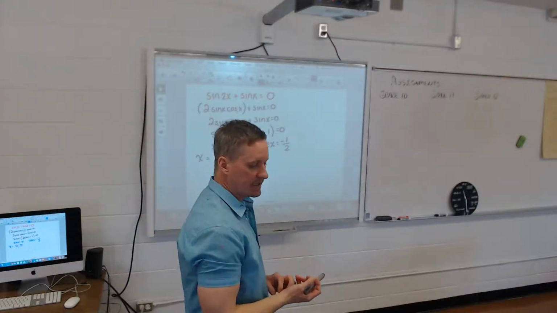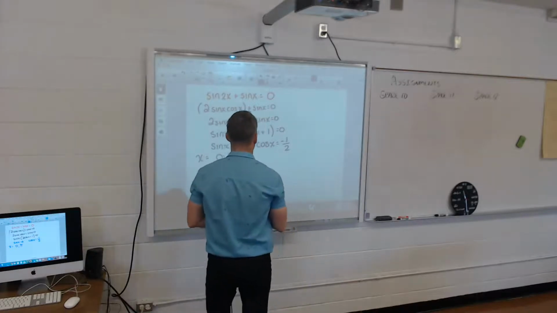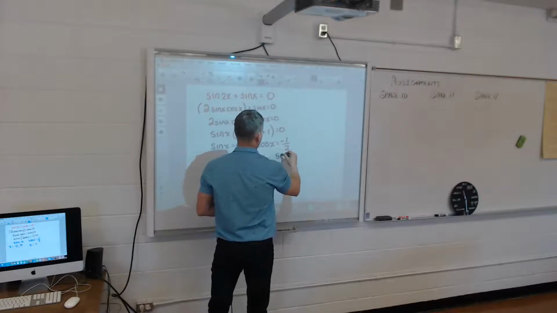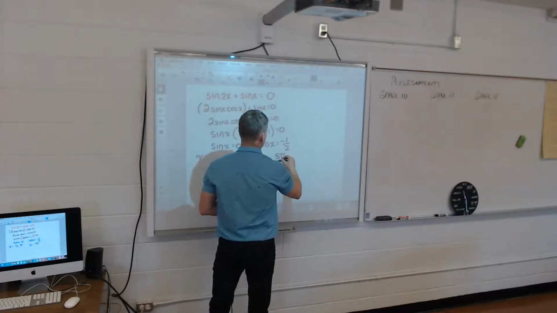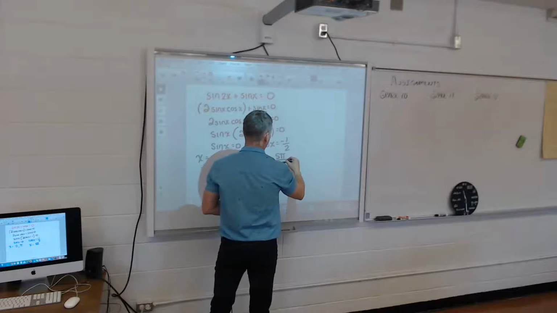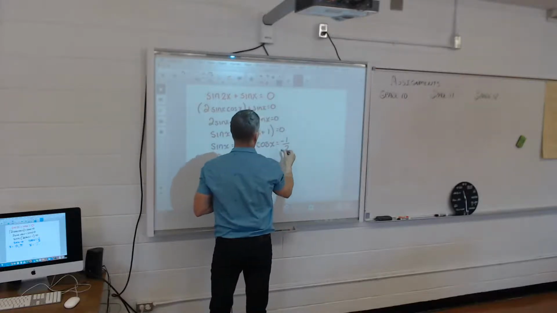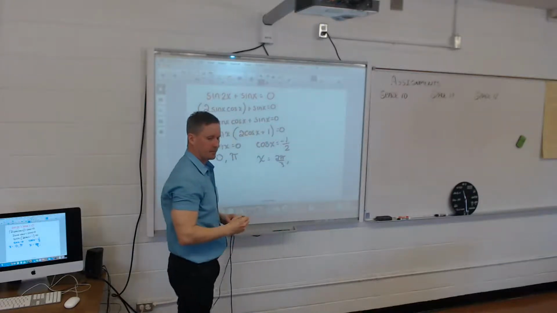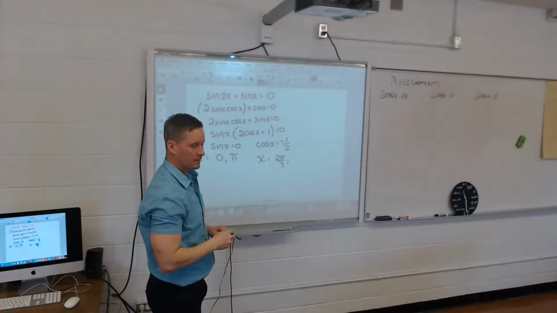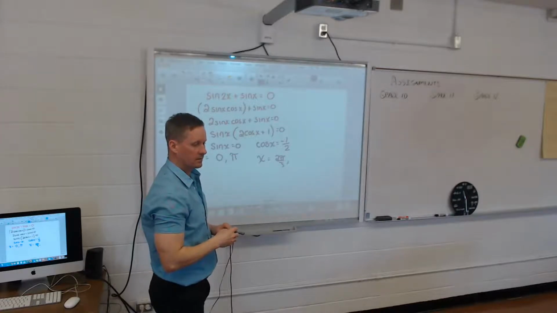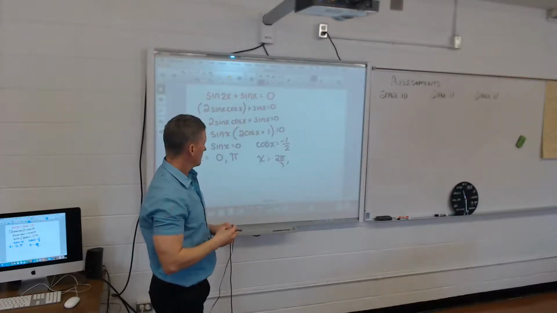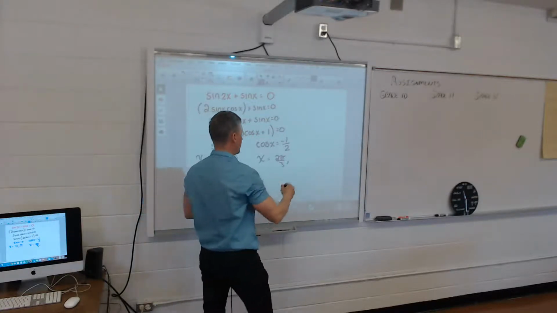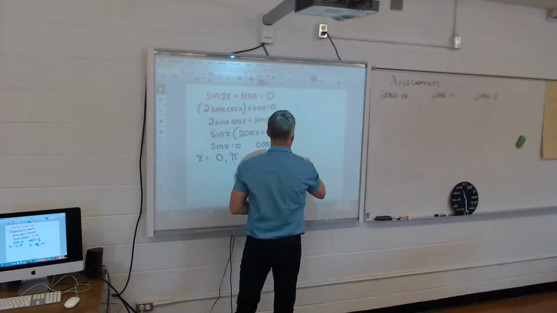Where is cos x equal to negative 1/2 on the unit circle? 2 pi over 3. Yeah. And where's the other one? What am I looking for? Where cos is negative 1/2. 4 pi over 3. There you go. There's my solution.